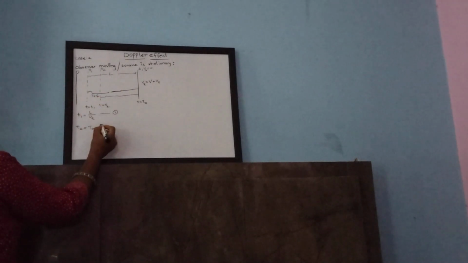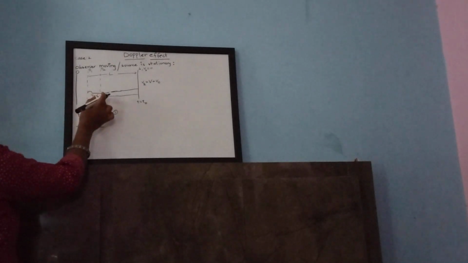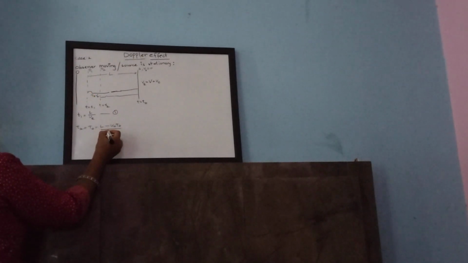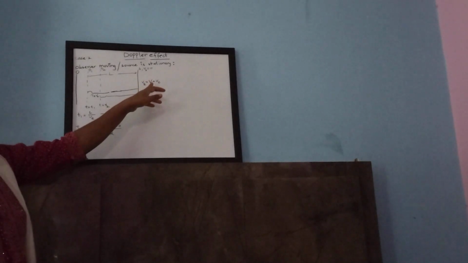We know that it is the initial distance minus the distance travelled from O1 to O2, that is, L minus Vo T0, divided by the resultant velocity, where the resultant velocity is V plus Vo. This is the time taken for the second crest to reach the observer.